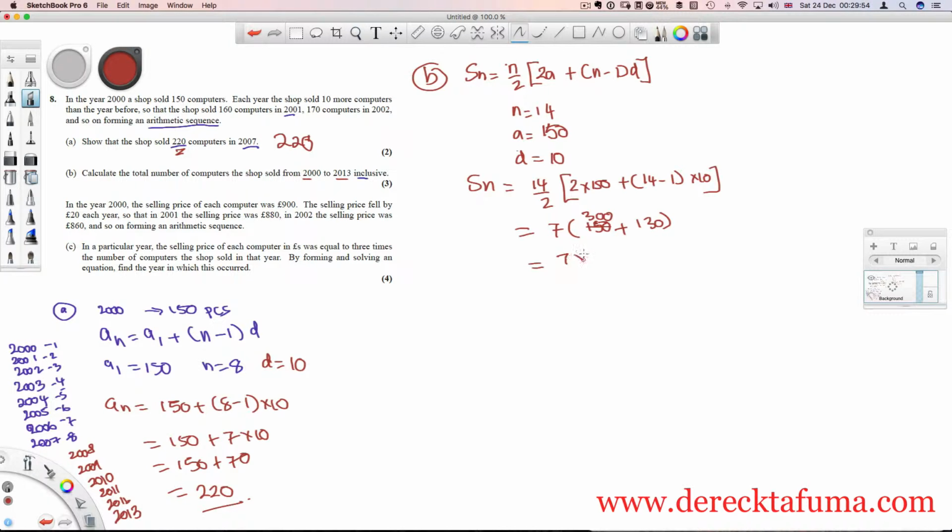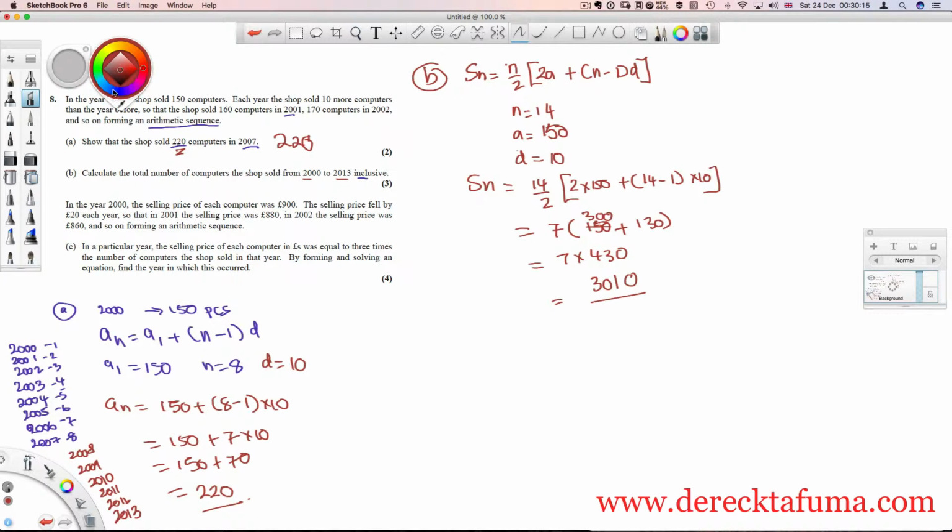So that would be 7 times 430. 7 times 0 is 0. 7 times 3 is 21, carry 2. 7 times 4 is 28, add 2 is 30.